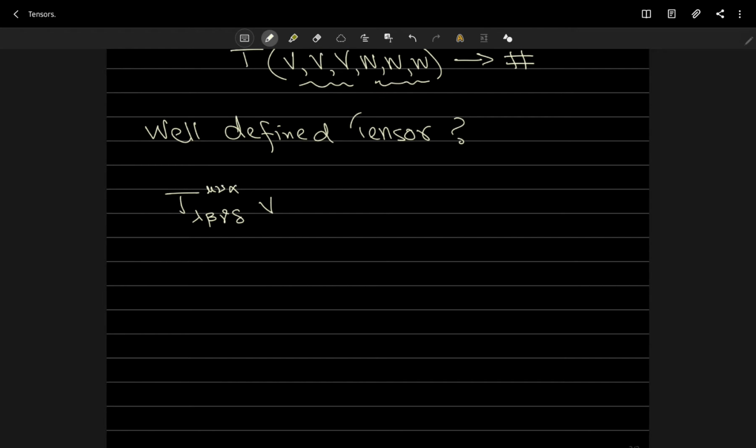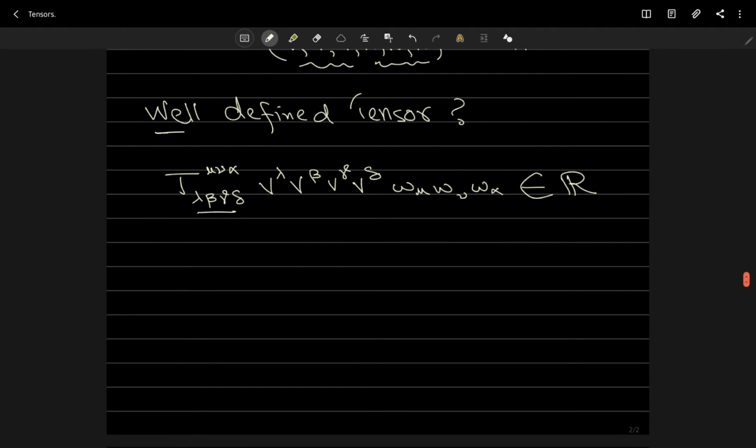You take vectors from V, and in the dual vector space you have w_μ, w_ν, and w_α, and we already know that this thing belongs to the reals.